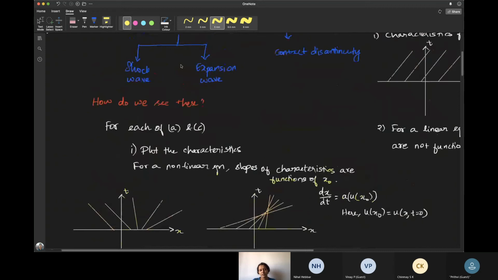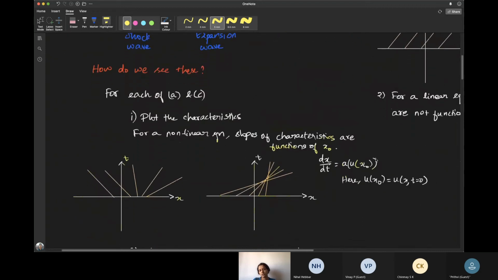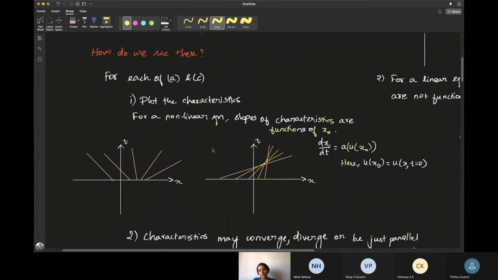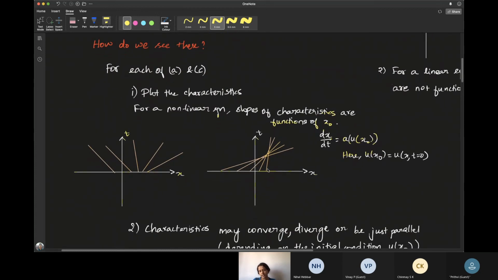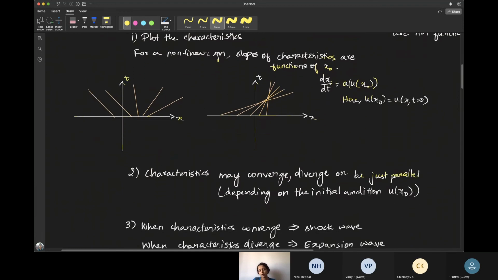This can happen only when the equations are nonlinear, because only then is your slope going to be a function of x naught. In that case, your characteristics can either converge or diverge, or can just be parallel, depending on what the initial condition u of x naught is. Here a is a function of u of x naught.